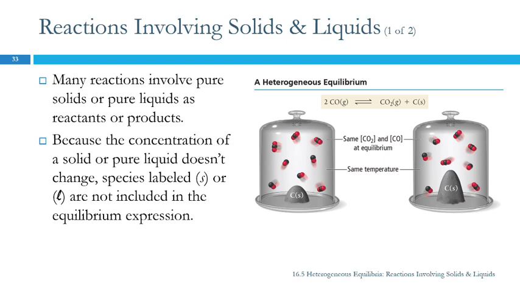It doesn't have an effect on the equilibrium. So here, looking at 2CO in equilibrium with CO2 and C, where C is carbon, it's a solid. When we write the equilibrium expression, we don't include the C. It's not going to change, so we leave it out.